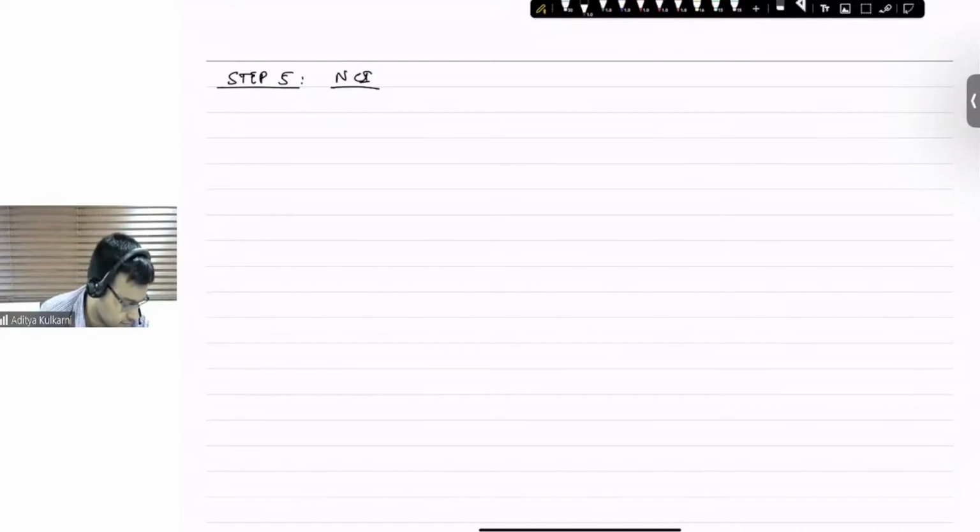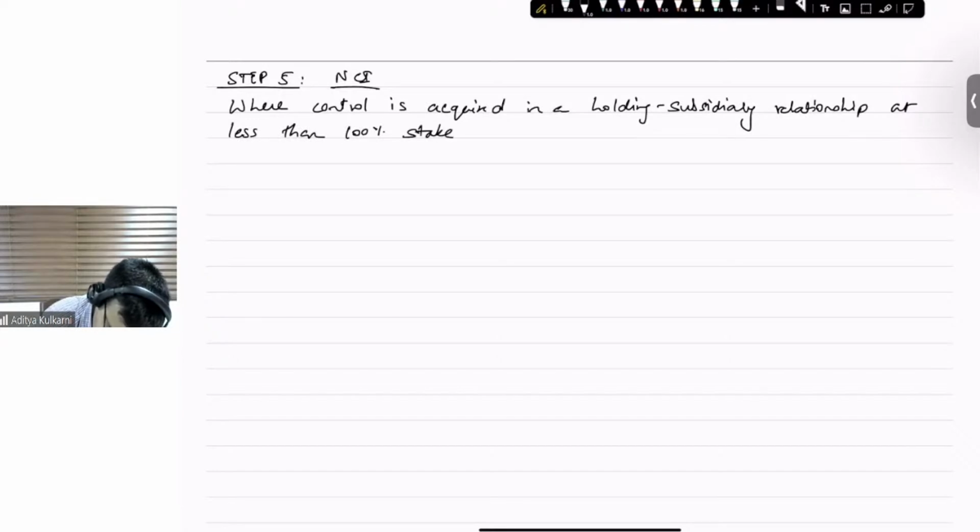Non-controlling interest, where control is acquired in a holding subsidiary relationship at less than 100% stake.